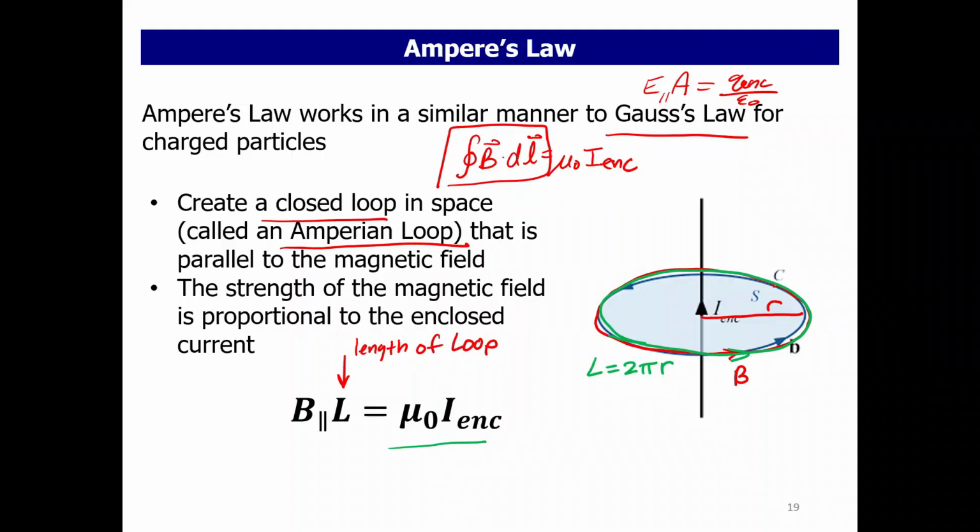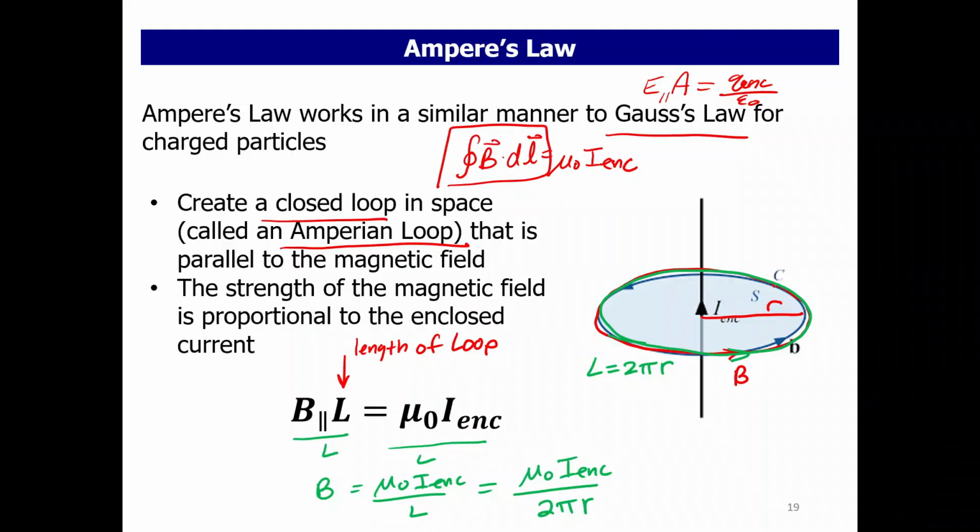If I divide by length on both sides, I get B is equal to mu naught I enclosed over L, but L is the circumference, so that's mu naught I enclosed over 2 pi r. If you rewind, that is the magnetic field due to a long straight wire.